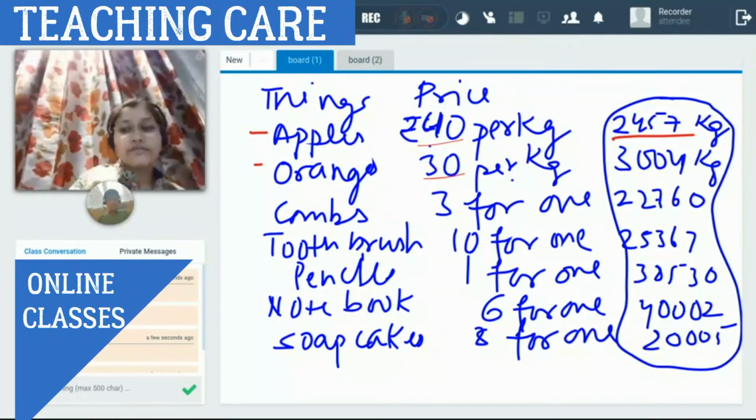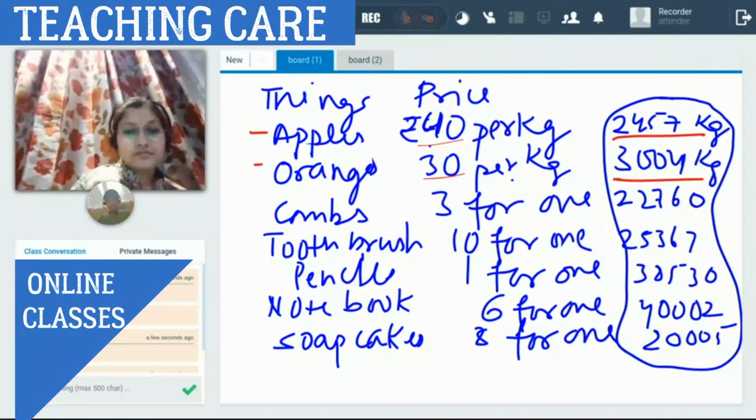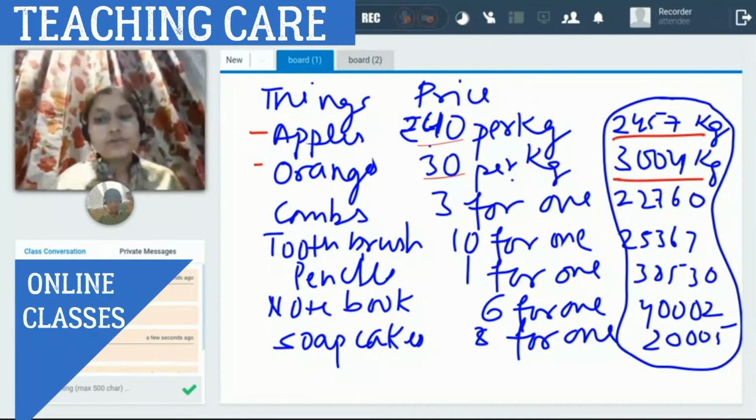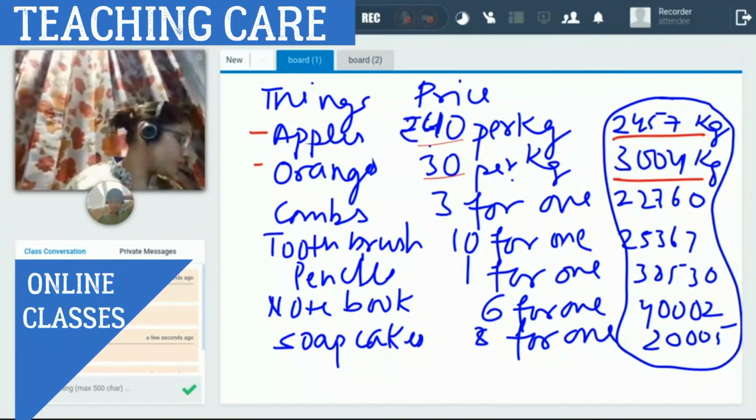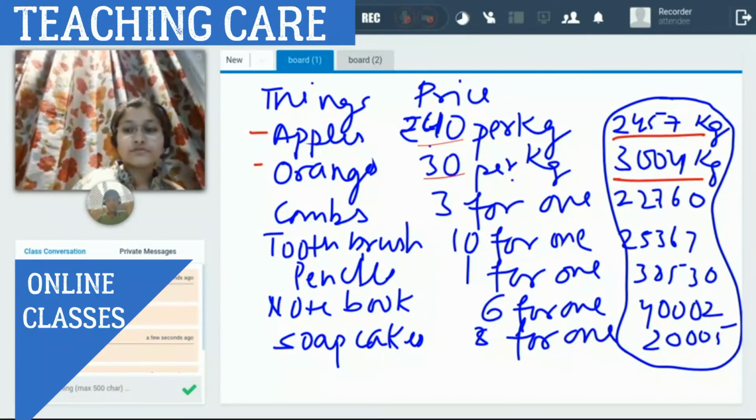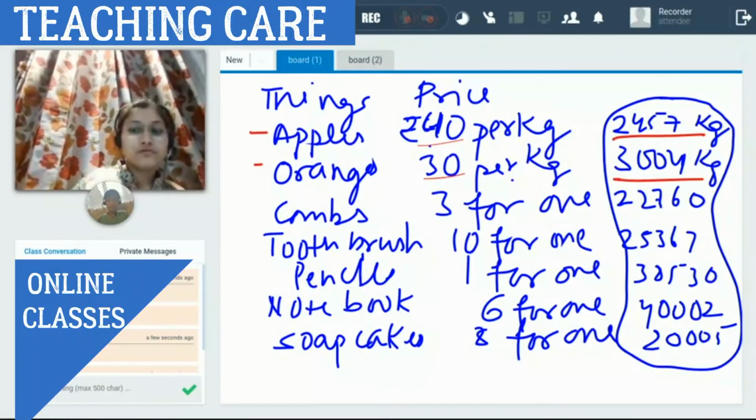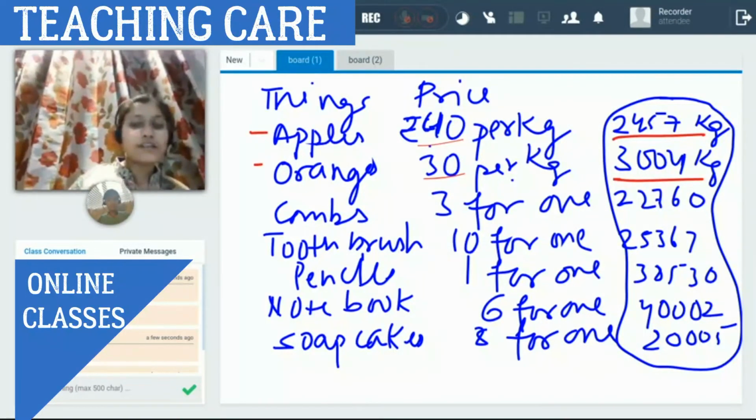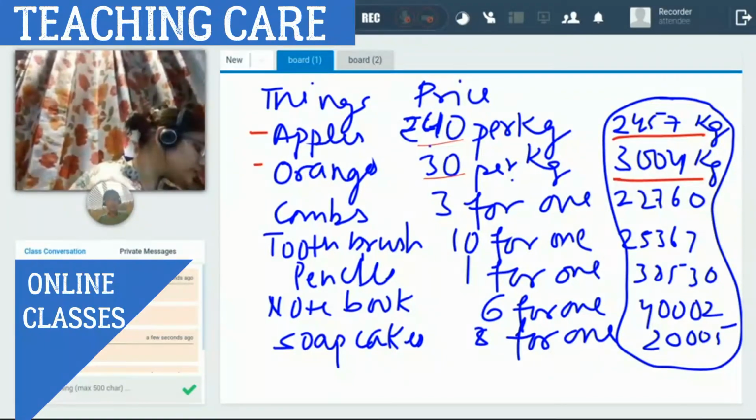These are the quantities. So we add up 2457 and 3004. So my answer will be 5461 kgs.